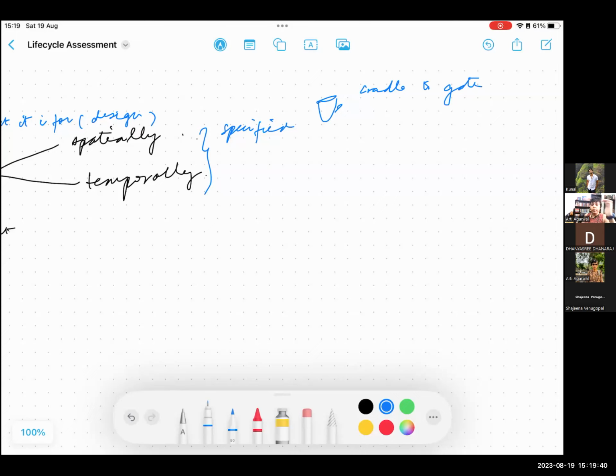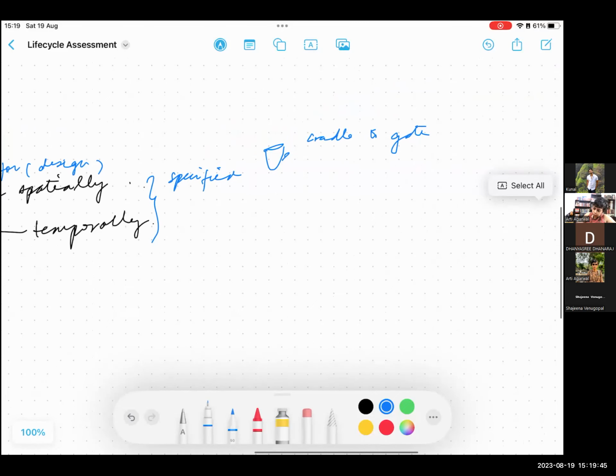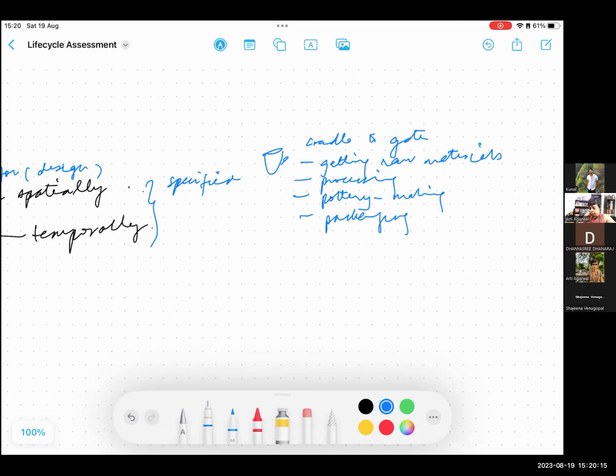That is the meaning of system boundary. So for example, getting the raw materials, then processing it because raw material will not be used as it is, then if it's a ceramic mug, you'll be doing all the different steps of pottery making, then packaging.